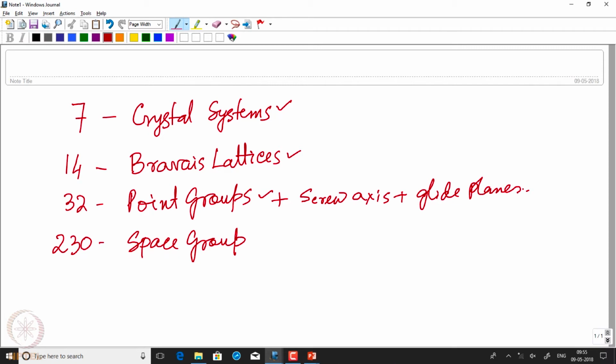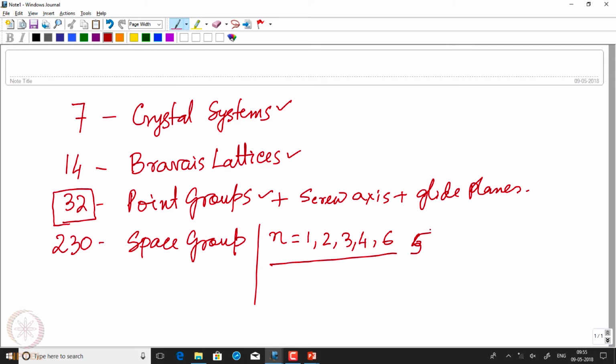So now, as I indicated, the number 32 is restricted simply because the crystallographic symmetry elements, the principal axis of symmetry, which we identified as N, has a restriction of 1, 2, 3, 4 and 6 only, and there is no chance of having a 5-fold symmetry.